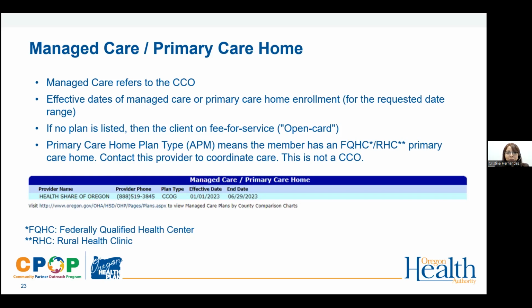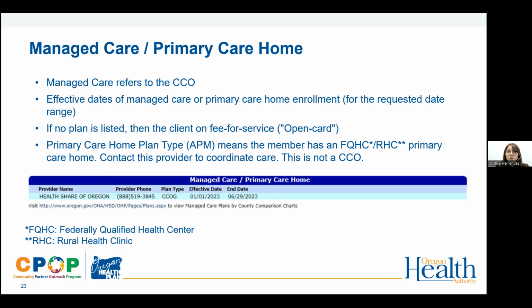Something that's also really important to know is that if that person is assigned to a federally qualified health center as their primary care home, sometimes you might see that show up here. For example, it might say Virginia Garcia Medical Center, or Community Health Centers of Linn and Benton counties, or whatever other federally qualified health center or rural health center is in your area.